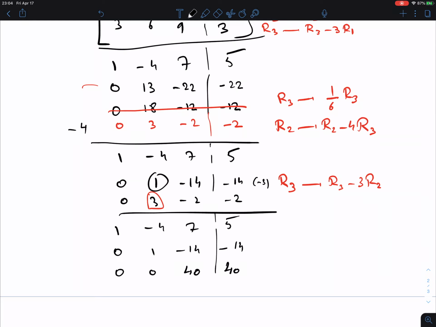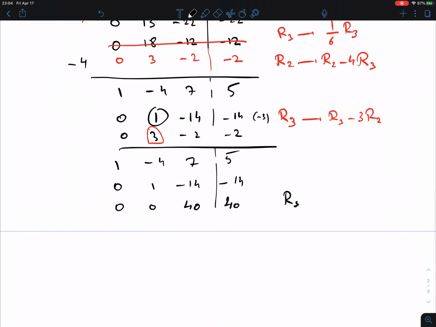The good thing is now I can divide row 3, let me do this in red, so row 3 divided by 40. Again, I'm doing this simply like that. If you do this on a test, be careful that I can read everything still, right? Okay. We got our echelon form, and again it shows that there are no free variables.